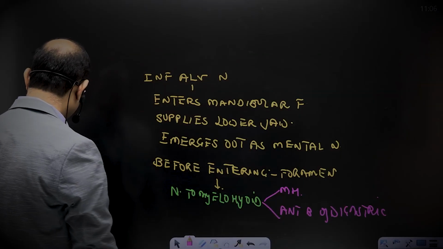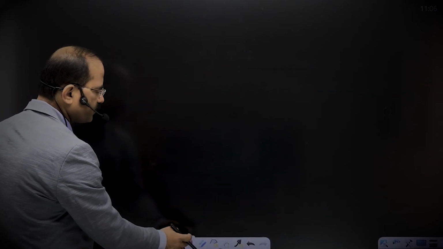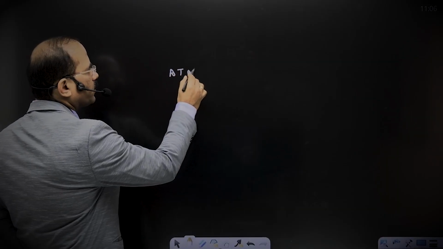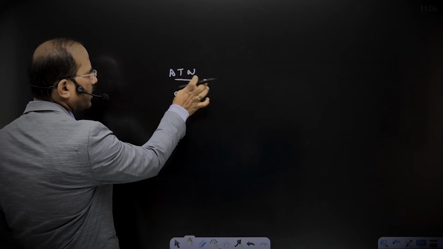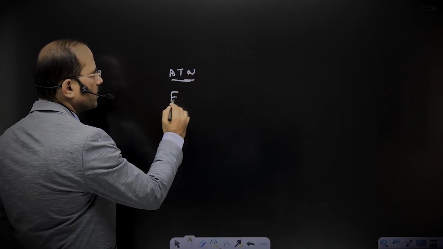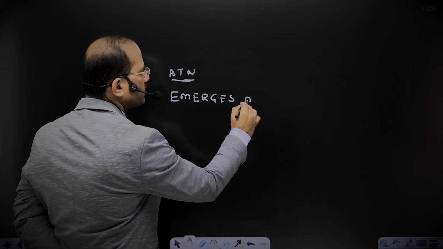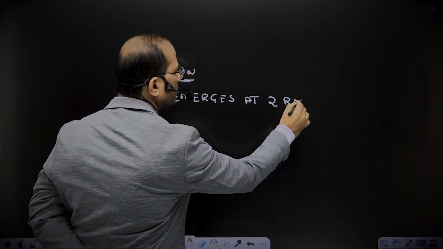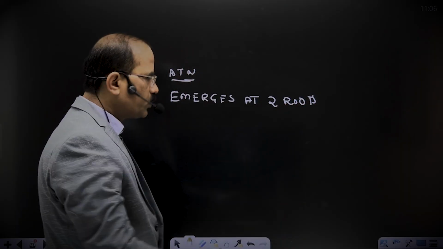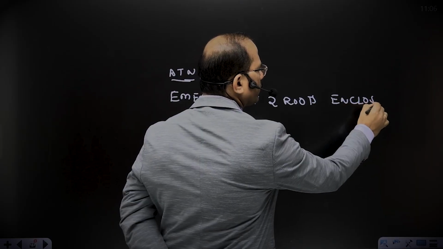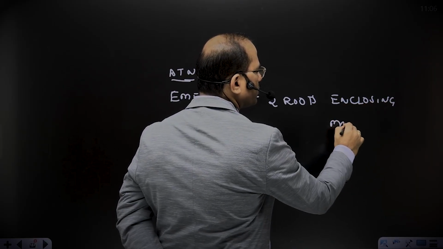Okay, so just have a look at this. I'll just write this for you. Auriculotemporal nerve. That's the auriculotemporal nerve. It emerges as two roots. This is an MCQ. Emerges as two roots, enclosing the middle meningeal artery.